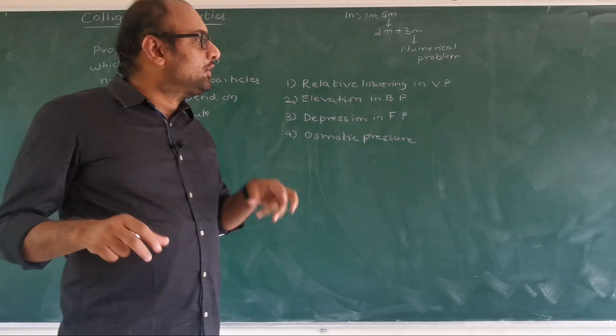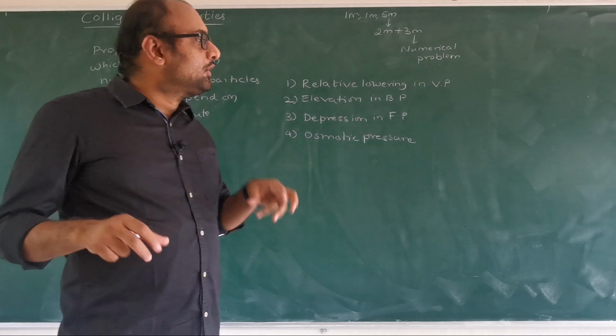P naught A is the vapor pressure of pure solvent, minus Pa, the vapor pressure of solvent in solution. Now, this is equal to P naught A minus Pa, and Pa is P naught A Xa.